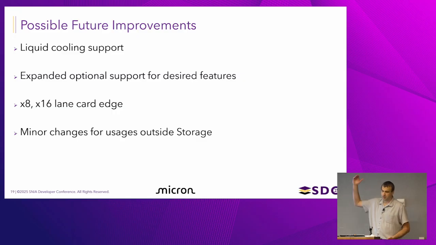So E3 can support x16, and it basically supports the same pinout as OCP NIC 3.0, so your network cards. If there's something like that where there's a usage, I could see there being something related to that. And that ties into the minor changes for usages outside of storage.